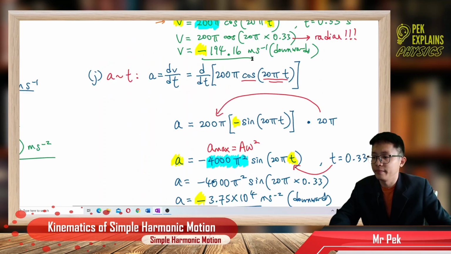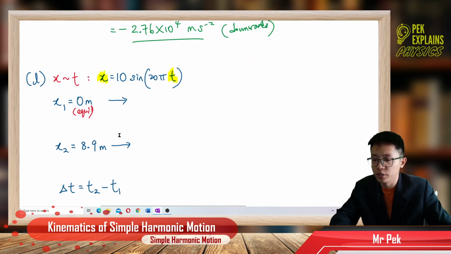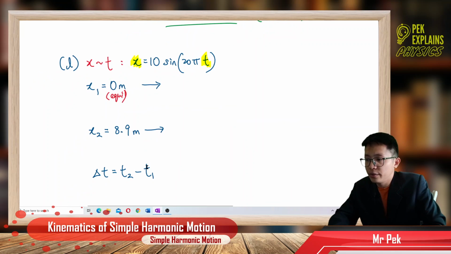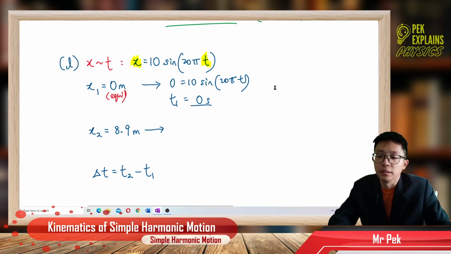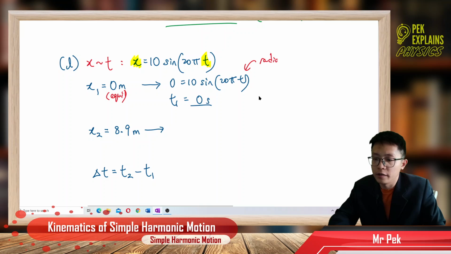We want to find the time required, so we need to find the time for both positions and then subtract. So 0 equal to 10 sine 20 pi t, and we got time 1 is equal to 0 second. Make sure it's in radian. Don't forget, all in radian.